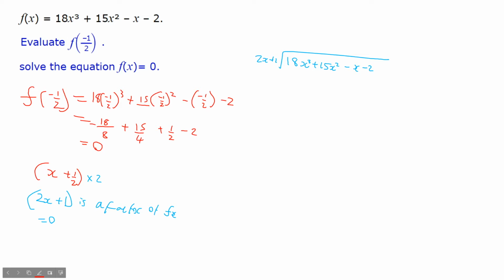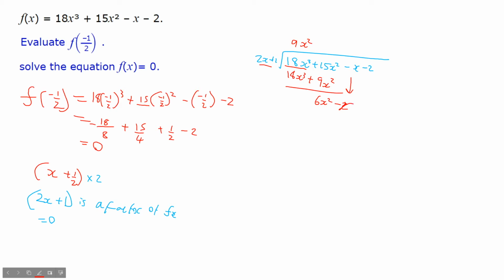All we need to do is literally divide this by this, and we're left with 9x squared. So 9x squared times 2x plus 1 is 18x cubed plus 9x squared. And so when we subtract them, we're left with 0 plus 6x squared. Put the minus x down.